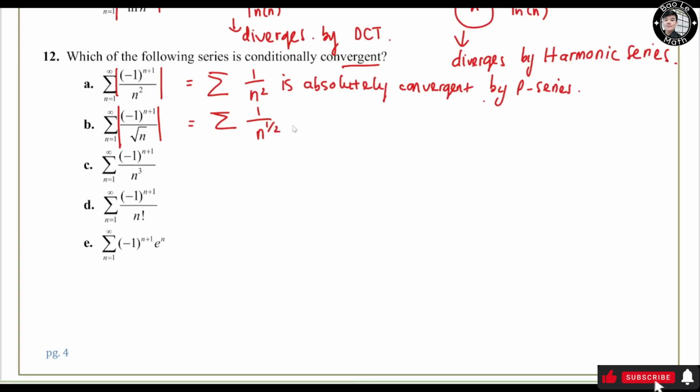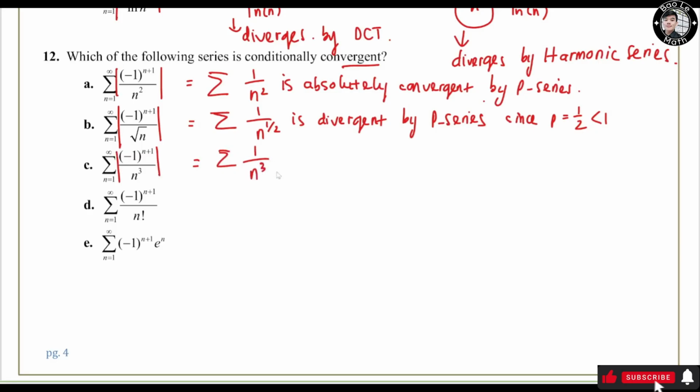And this one is divergent by the p series test, because p equals 1 half, less than 1. Now question C. Absolute value of this one is going to be the series 1 over n cubed, right? And this one is absolutely convergent by the p series test because p equals 3, greater than 1.